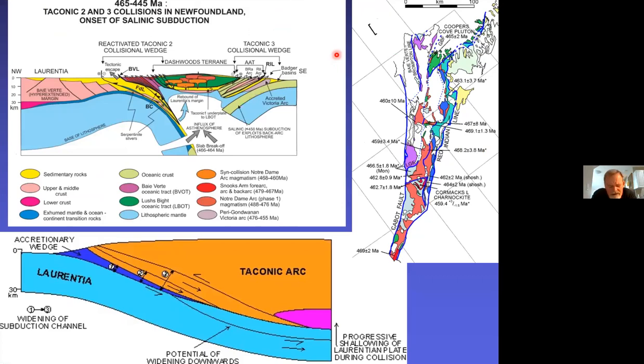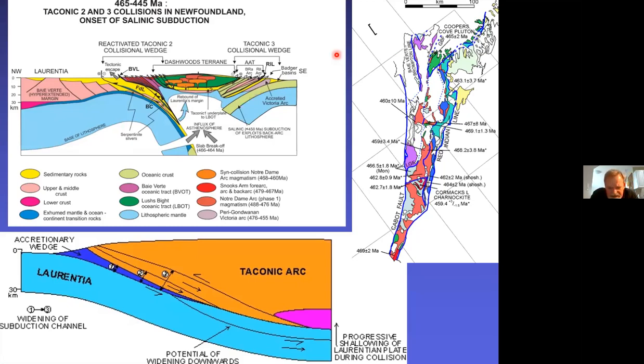So the Notre Dame Arc and associated ophiolites basically indicate a hard collision, whereas the rocks on the west side of the Cabot Fault indicate a soft collision. So these two were not next to each other when they collided. So where was the Notre Dame Arc?